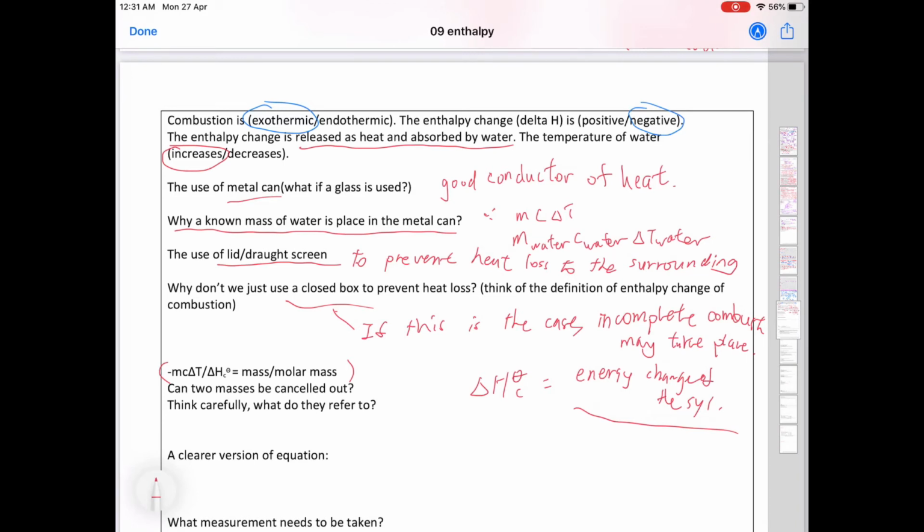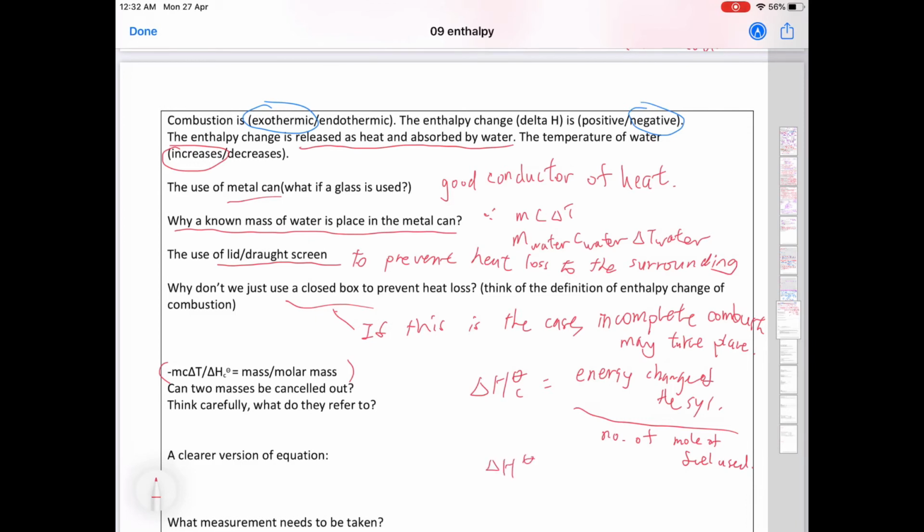It's because standard enthalpy change of combustion is the enthalpy change when 1 mole of a substance is burned completely in oxygen under standard condition. So what you have to do is to divide the energy by the number of moles of the fuel used. Then you can calculate the number of moles of the fuel used by using mass over molar mass.